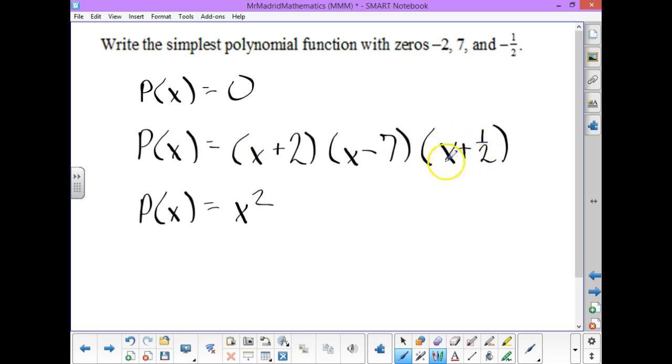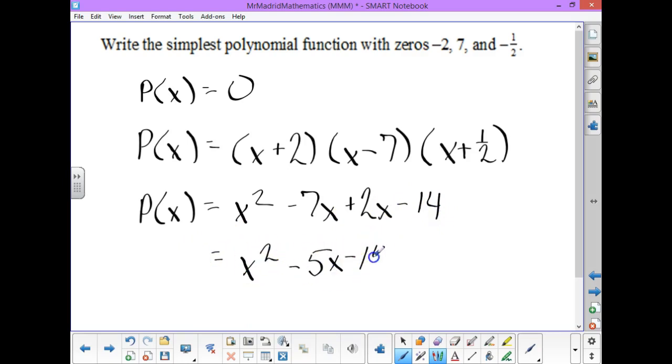I will be ignoring this factor for a second. This is good practice for some of you who missed this essential skill or kind of forgot it. Then I distribute: -7x, plus 2x, -14. We will speed it up in a bit, so make sure you understand where everything's coming from.